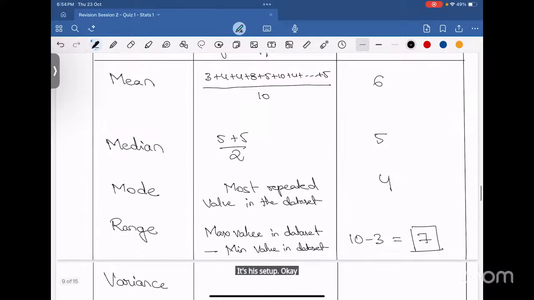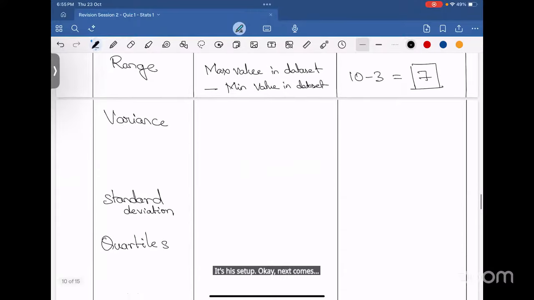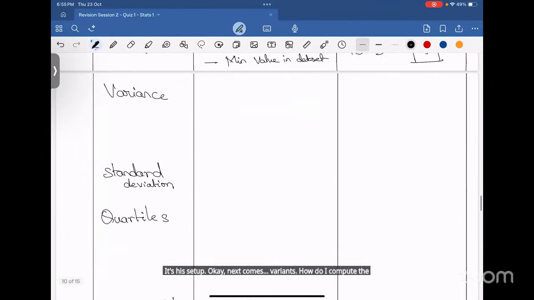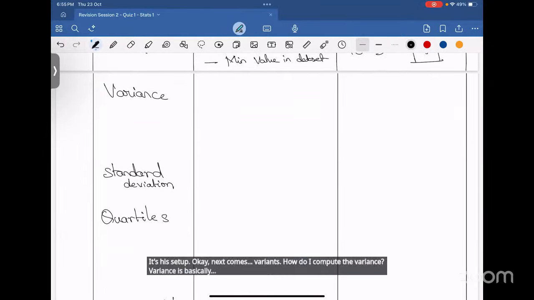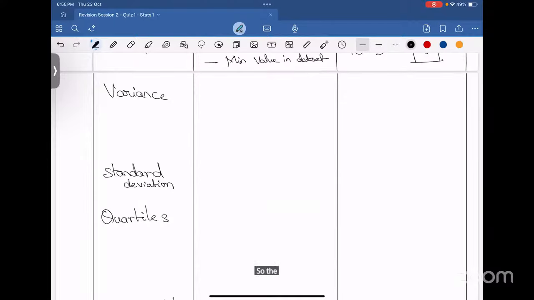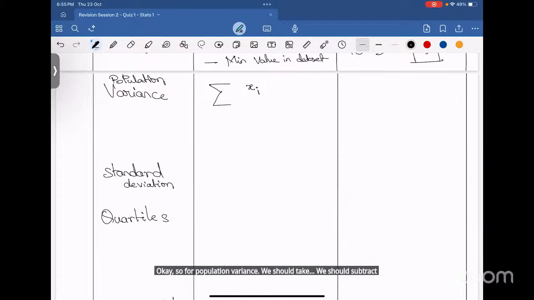Okay. Next comes variance. How do I compute the variance? Variance is basically the spread of the data set. Actually, we'll consider population variance. So for population variance, we should subtract the mean from each data point.